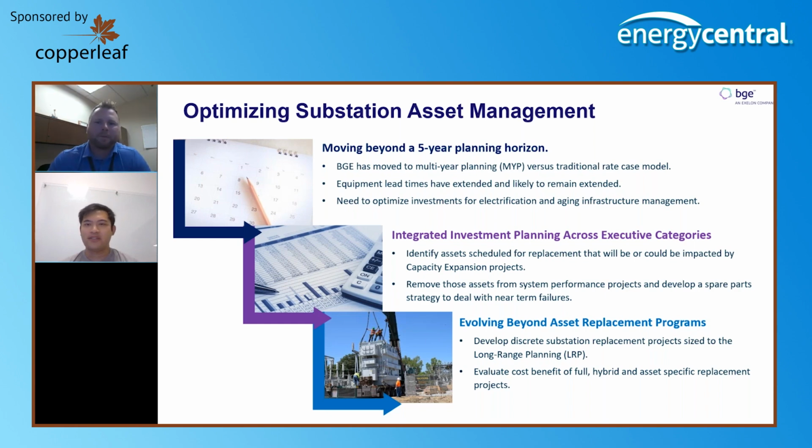Awesome. And Pat, could you share some insight on what challenges BGE had before moving past those asset replacement programs? Yeah, I think our biggest challenge was really the technology to analyze assets at scale. The typical process would be for our engineers to get a data download of all the nameplate information for the particular assets they were assigned to analyze, and they would work in their silo to come up with that best plan.